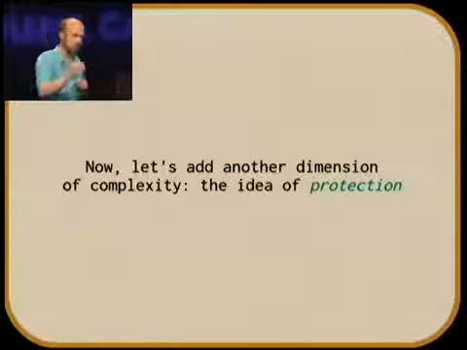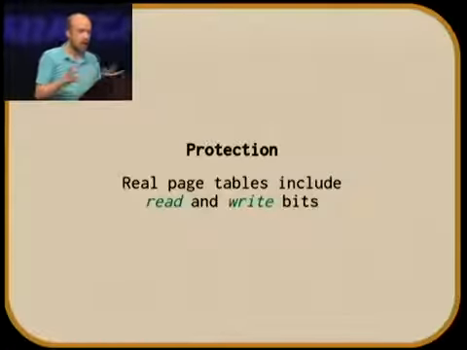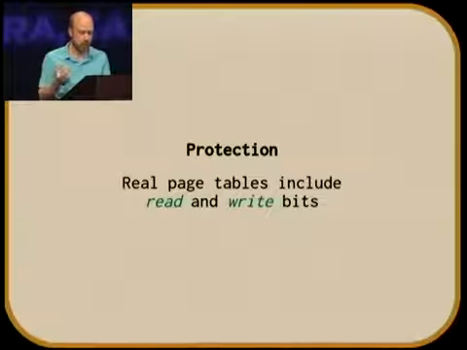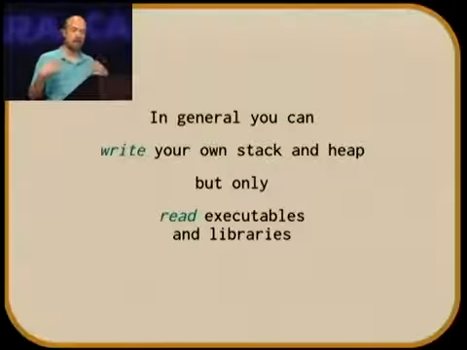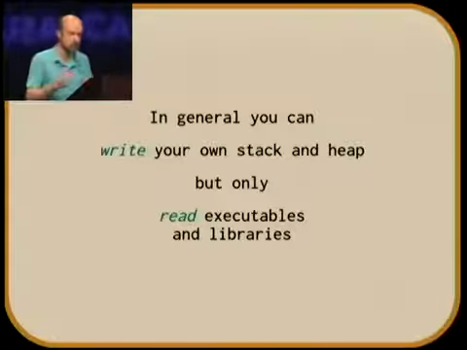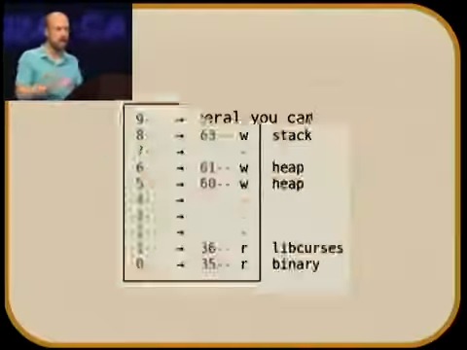Now, let's add another dimension of complexity to this picture, the idea of protection. Real page tables include separate read and write bits. In general, the rule is this, that you can write to your own stack and heap as much as you want to, putting new data there, but you're only allowed to read executables.